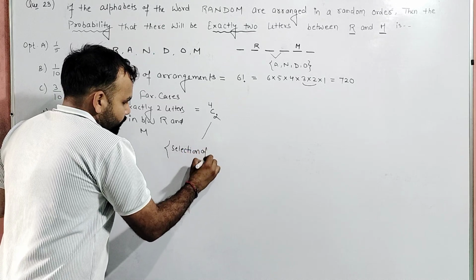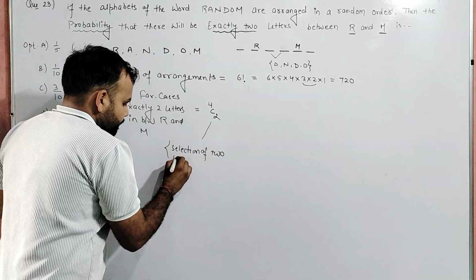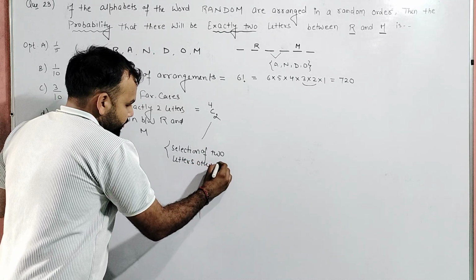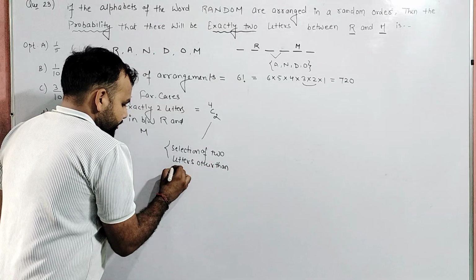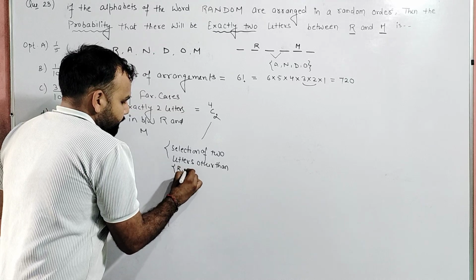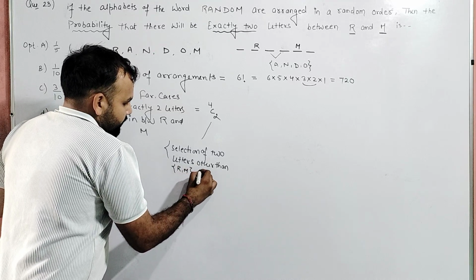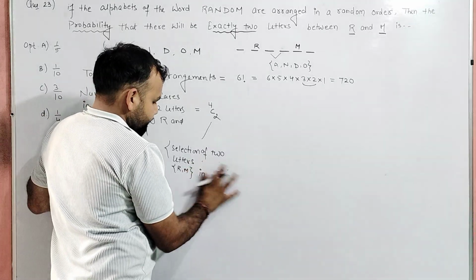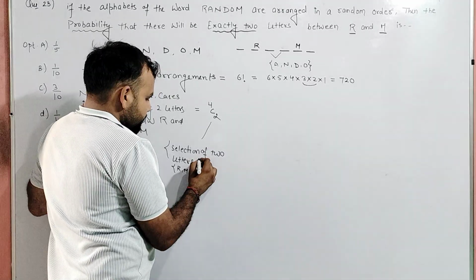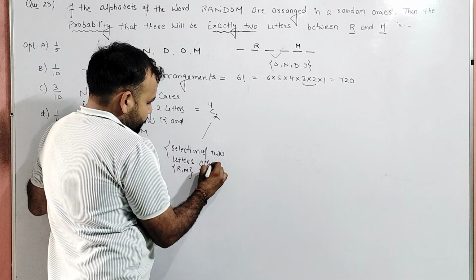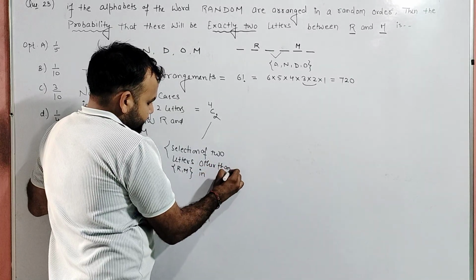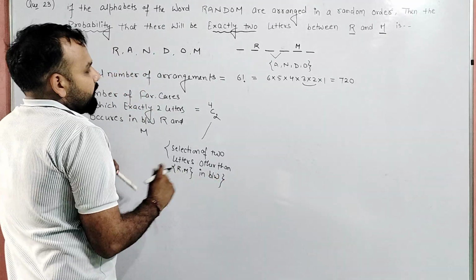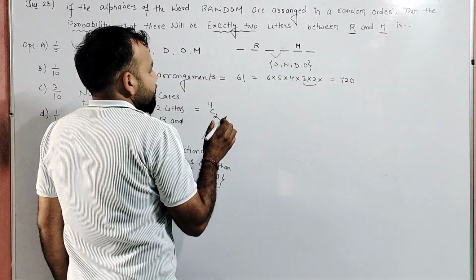So this is the selection of 2 letters other than R and M in between. Okay, student, these are the letters into 2 factorial.